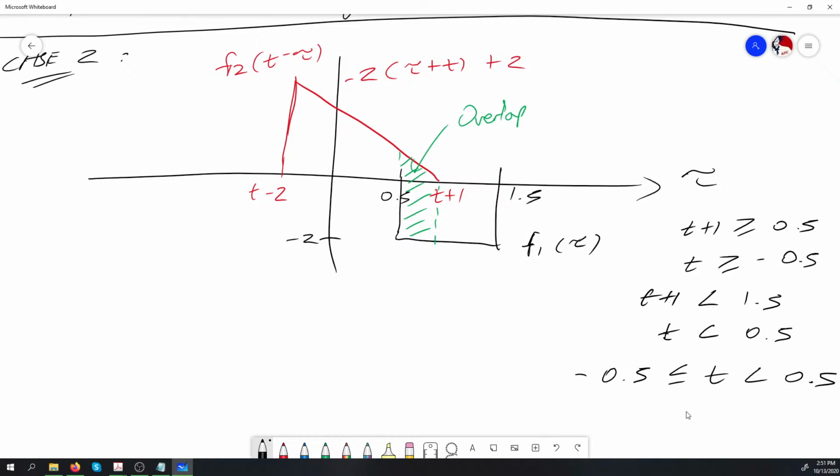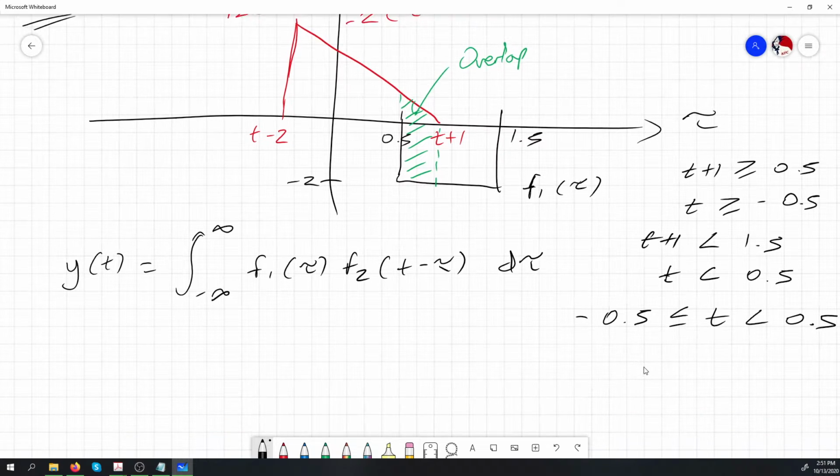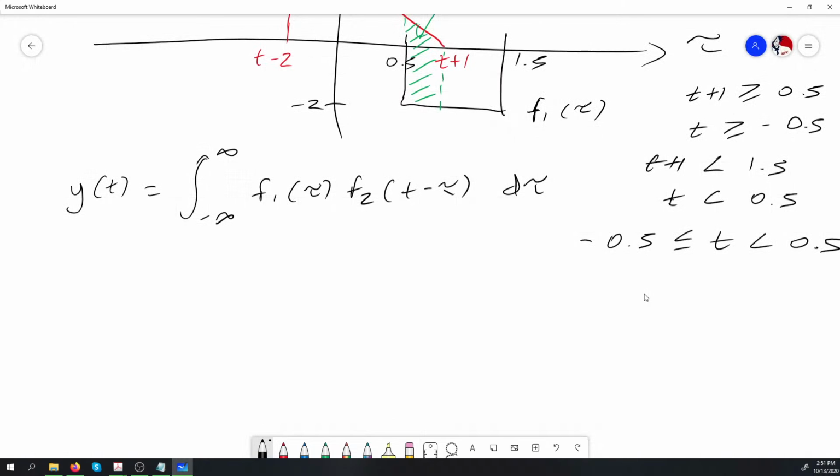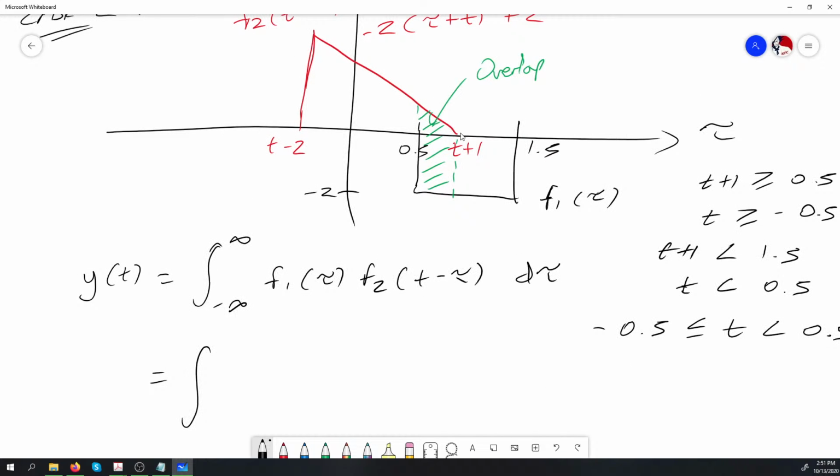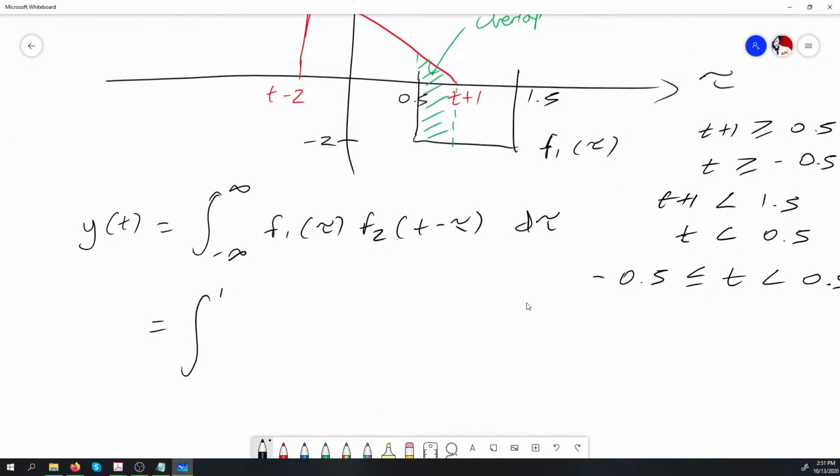So, in solving for y of t, this is going to be the integral of the two signals, f1 of tau, f2 of t minus tau d tau. And if we watch the limits of our integral here, or our overlap, it's going to be t plus 1 being our uppermost limit and 0.5 here being our lowermost limit. So it's going to be from 0.5 to t plus 1.